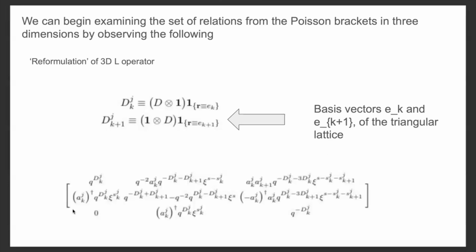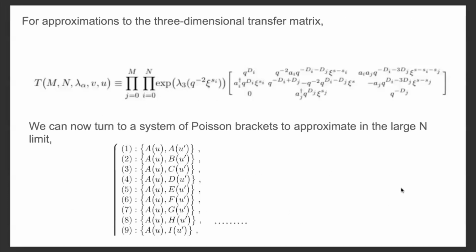And then we can factor in this reformulation by adding an additional index so that we can look at taking various limits for J and K, subsequences of the product of these L operators and taking the trace, which can be used to approximate some asymptotic properties of the transfer matrix.